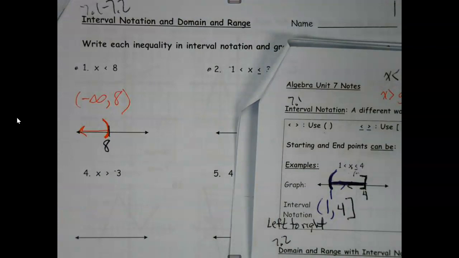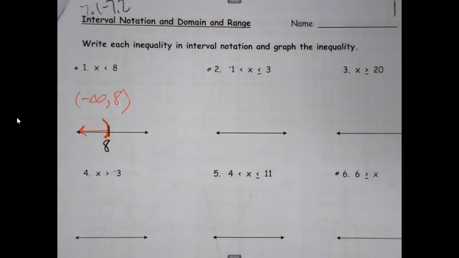If you used a bracket on the graph, use a bracket in the interval. If you use a parenthesis, use a parenthesis. The only one that we know every single time is going to be the same is infinity. Infinity is always a parenthesis. Every single time, without exception. Yep, because infinity never has an ending spot.